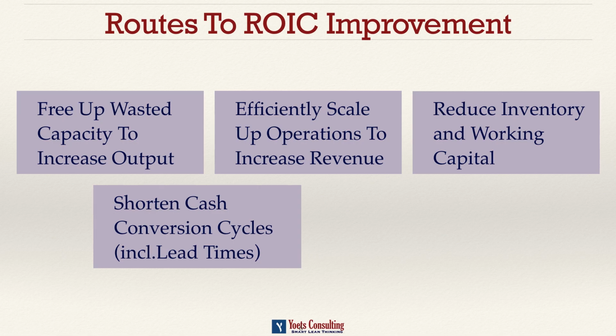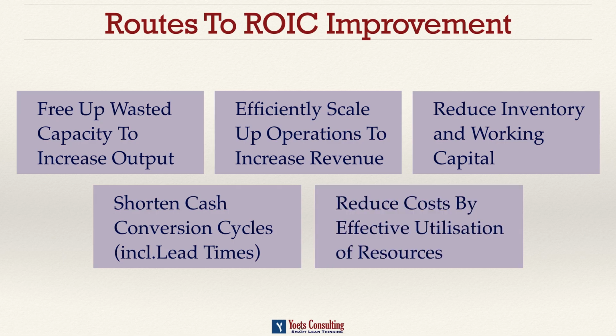In fact, not just help, it will massively help to improve ROIC. Shortening cash conversion cycles, and that includes lead times as well, will improve your ROIC. And finally, reducing costs by effective utilization of resources or by any other means. If you can cut down the cost without impacting other parameters, you can improve ROIC as well.